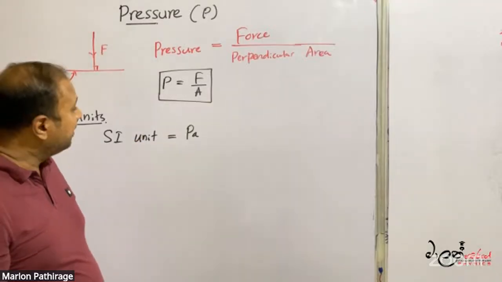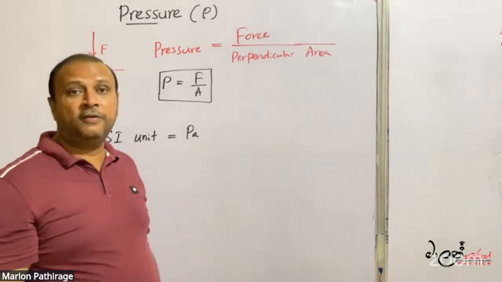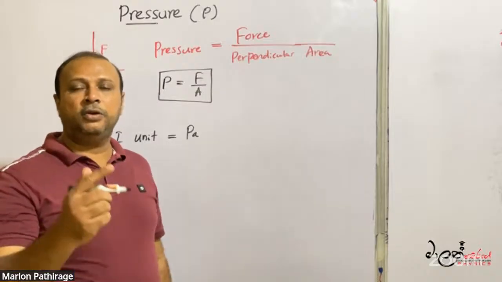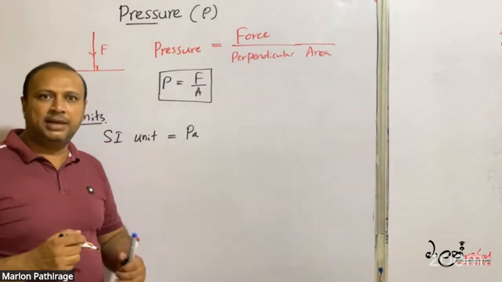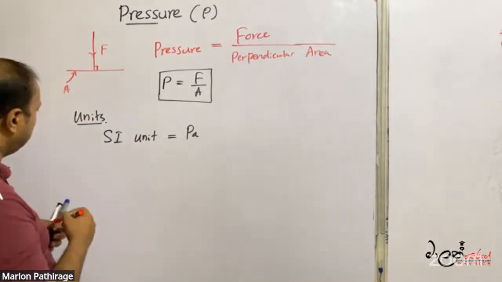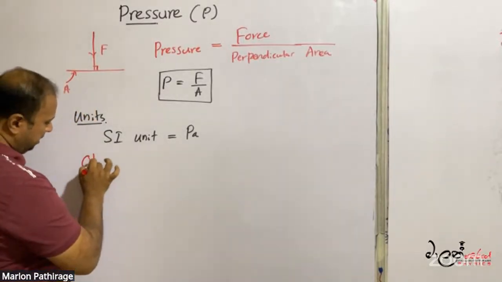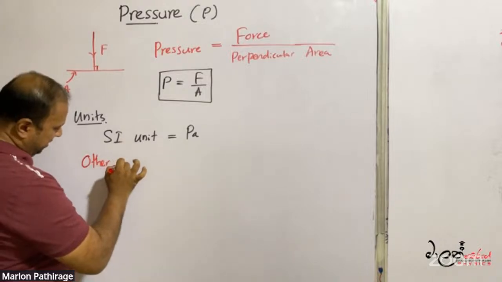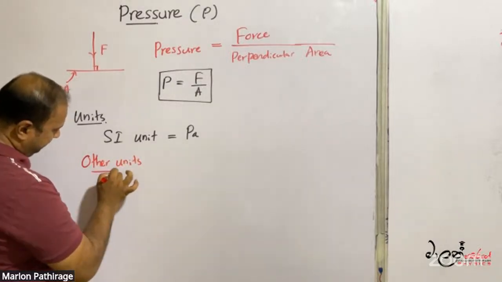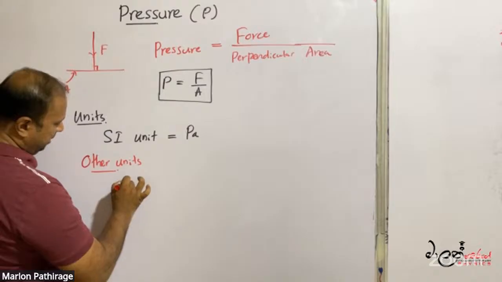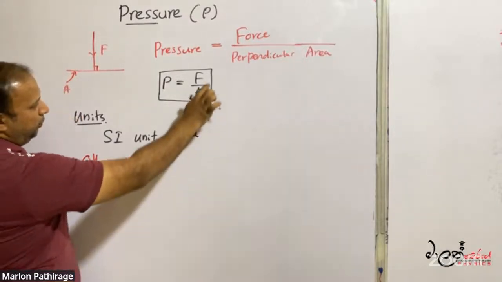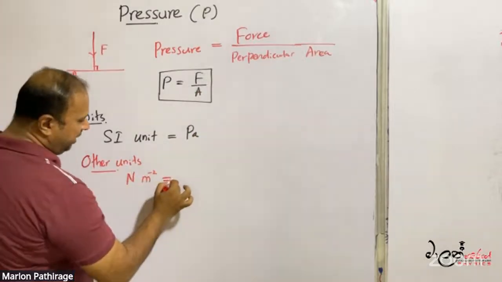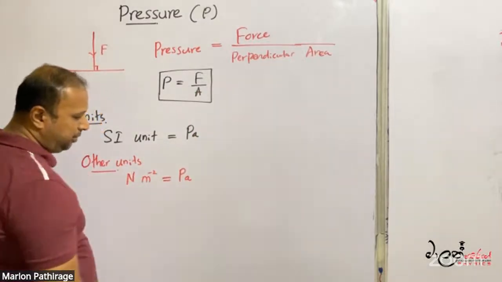Therefore, the unit of pressure is Newton per square meter. So Newton per square meter and Pascal are both the same.